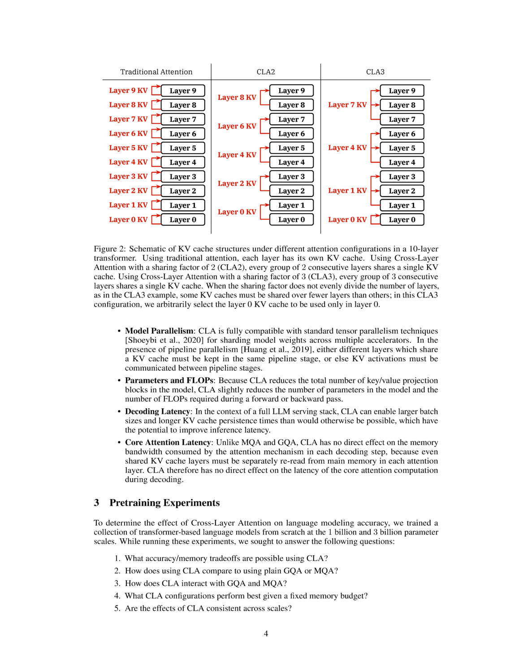Furthermore, CLA is compatible with standard tensor parallelism techniques and slightly reduces the number of parameters and floating-point operations, flops, required during model training and inference, contributing to overall efficiency improvements in transformer-based language models.